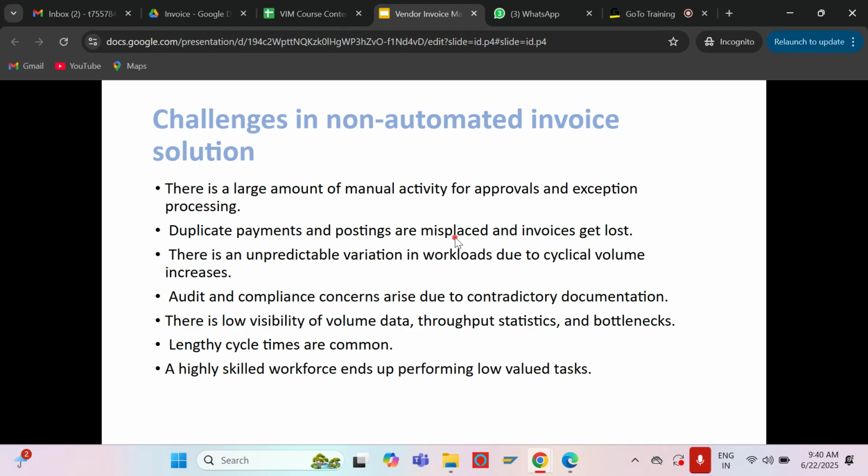Then the cycle time to process the invoice is very lengthy. Also, a highly skilled workforce is required to process these invoices. Since this is non-automated, the data can be missed. The person who is processing the invoice must be aware of the data which needs to be put on the invoice. So it will require a highly skilled workforce to perform these tasks, right?